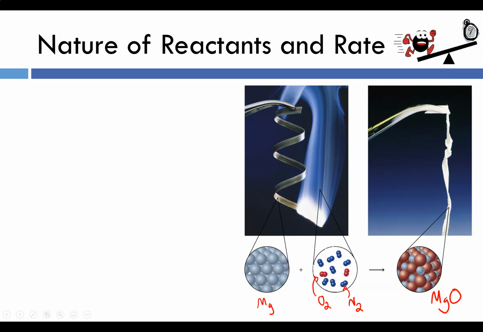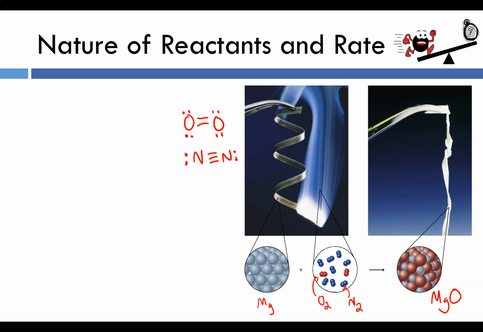If you're stuck, draw a Lewis structure for O2 and N2. Which bond do you think is going to be easier to break? That double bond between oxygen atoms or that triple bond between nitrogen?